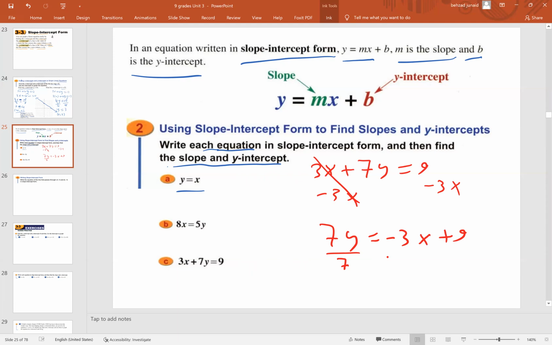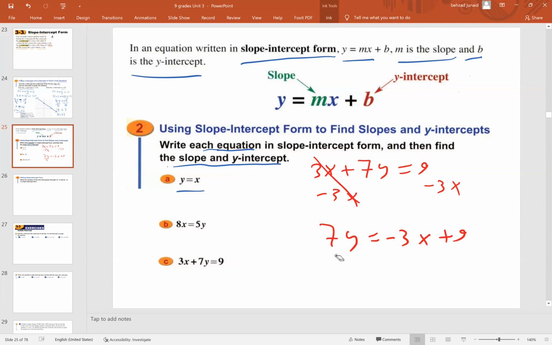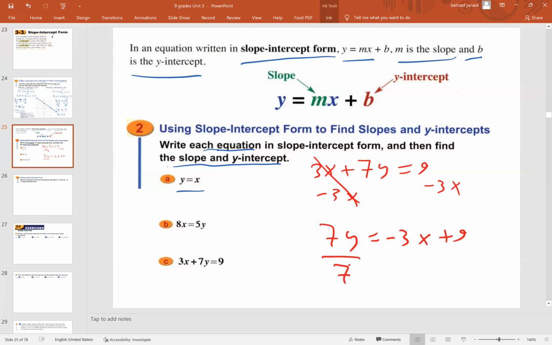Yes, of course, we're going to divide it by 7. No problem. So you can do it. Divide by 7, divide by 7. And then what should you do?